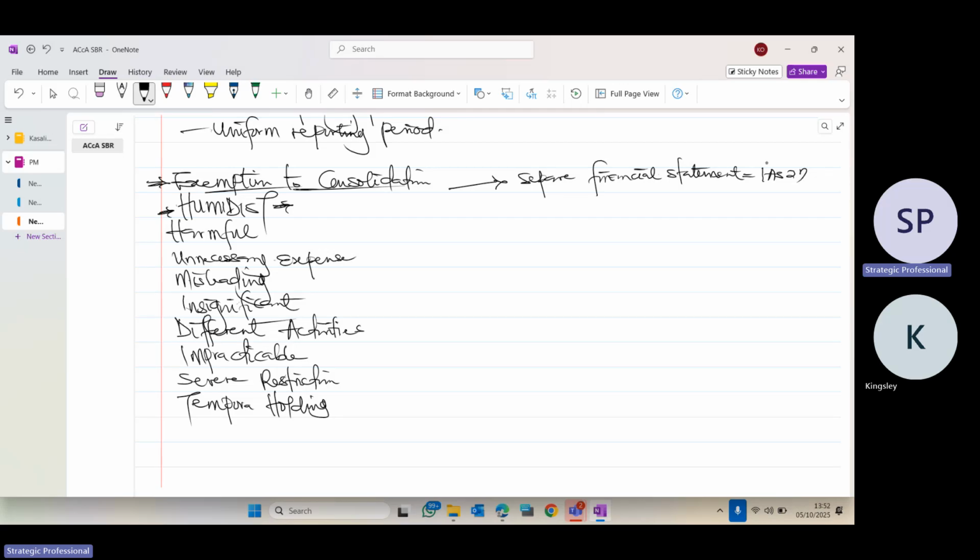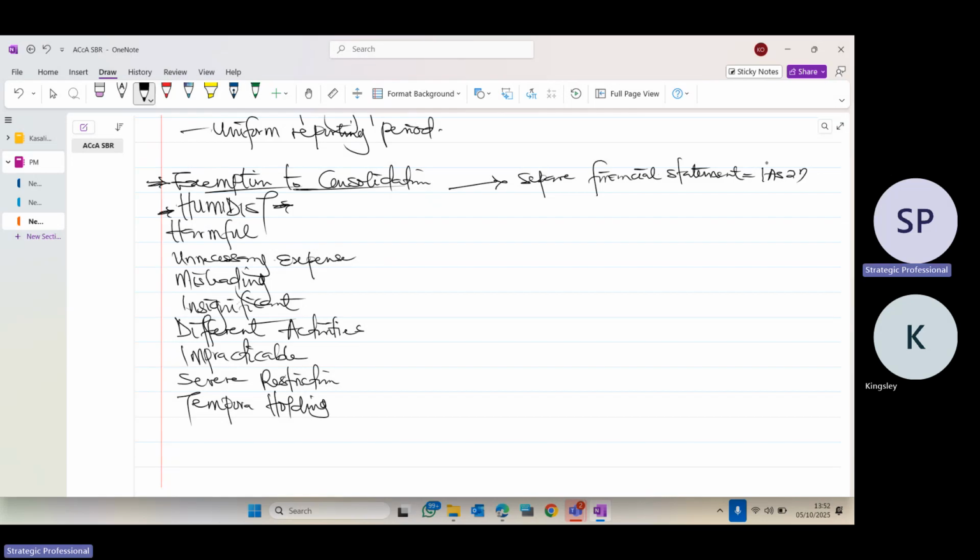Where there are different activities that they are doing, one is in the financial sector, another one is in the hospitality firm, they cannot consolidate too. Impracticable, where the parent company sees that it is not possible to prepare a consolidation, they are exempted.